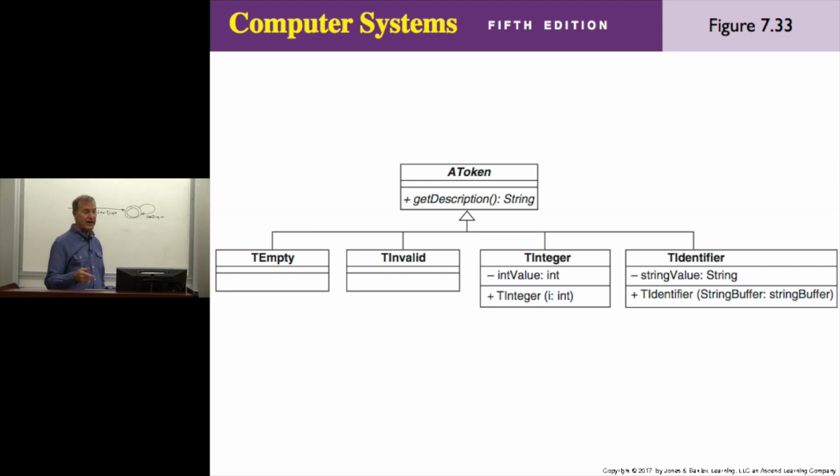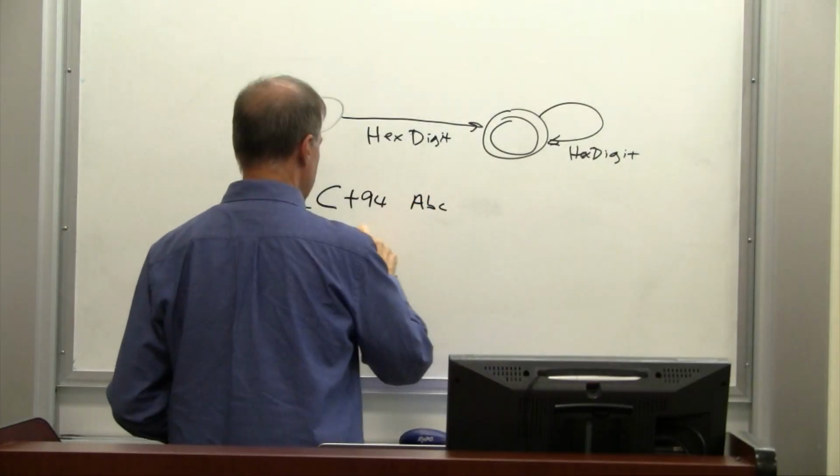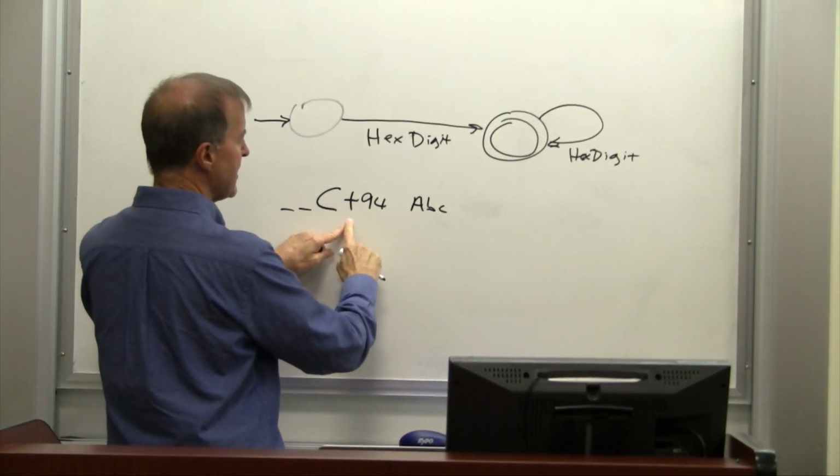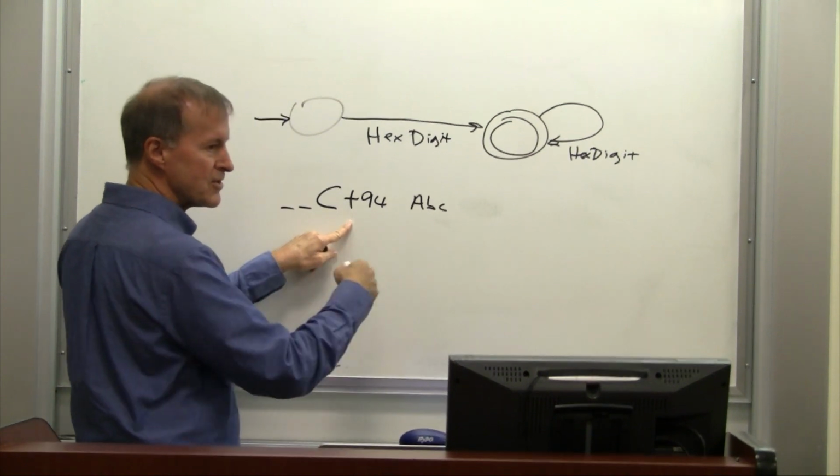And then T integer. Now, not only does this tokenizer parse integers, it also does what on the fly that we saw last time? Converts the string of characters to a what? Not only does it say plus 94 is valid, it also does what on the fly?